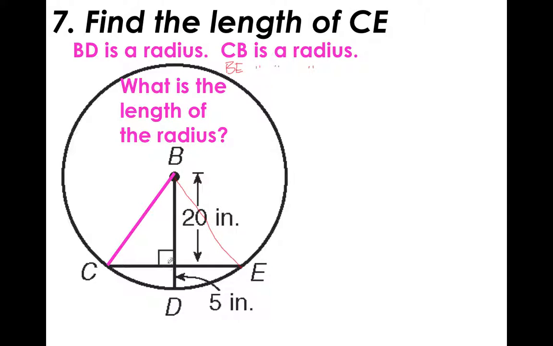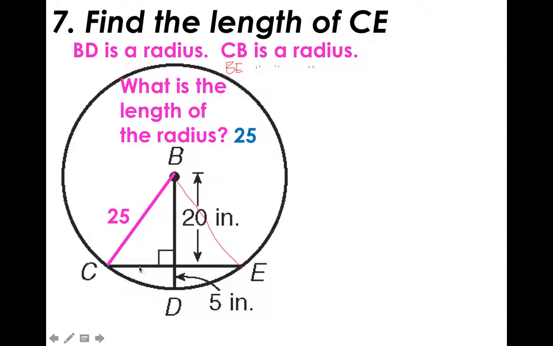Well, if BD is a radius and it's 25, then that means that all the radii, the plural form of radius, have to be 25. So if the radius BC is 25 and this side right here is 20, then think back to what we're doing.